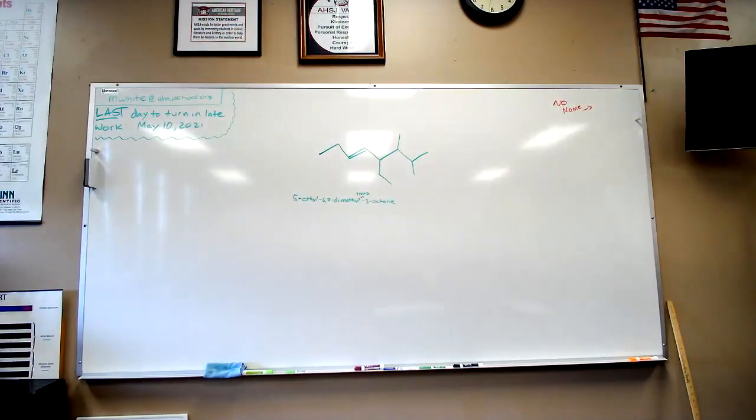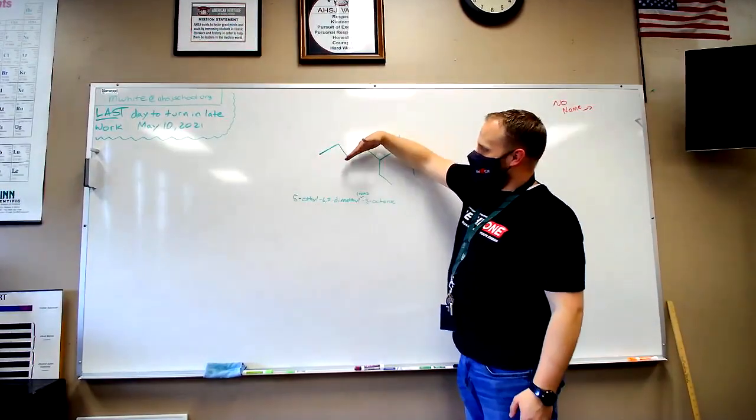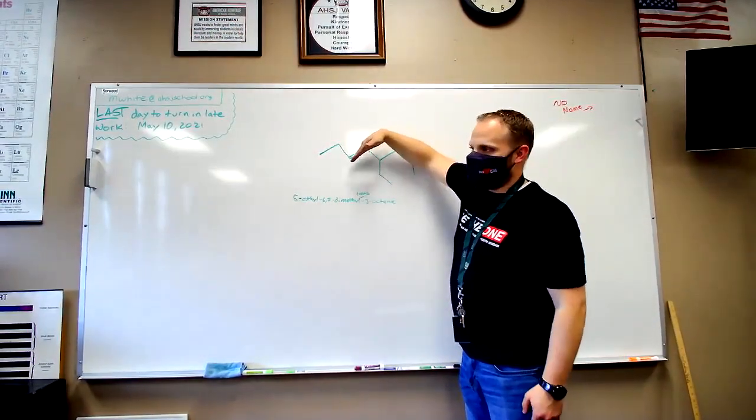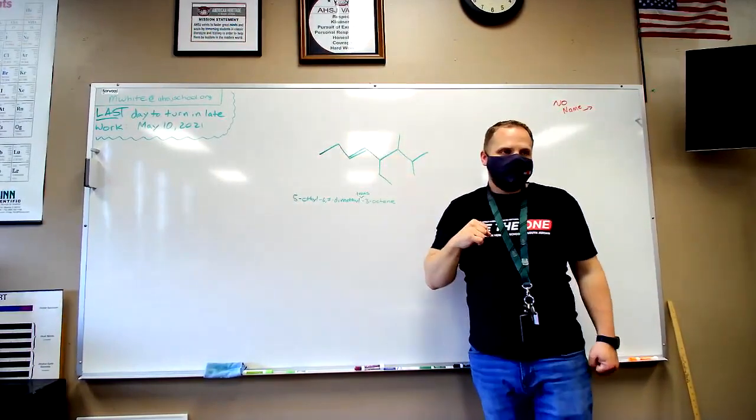And as far as isomers go, if we have the double bond, just be aware of it. If you can put your hand on that double bond and they come off of opposite sides, it's trans. If they're on the same side, it's cis.